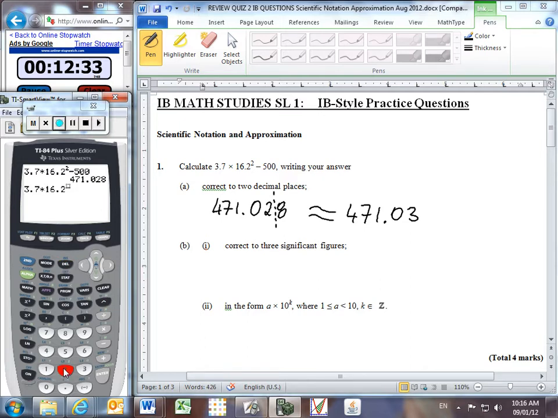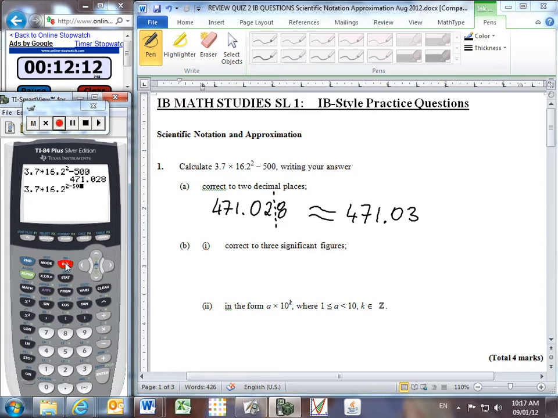And you'll see that I'm now still in the power of 2. If I just write now minus 500, it will appear as a part of the exponent, and 2 minus 500 is negative 498. So I'd be taking 16.2 to the power of negative 498 instead of 2.